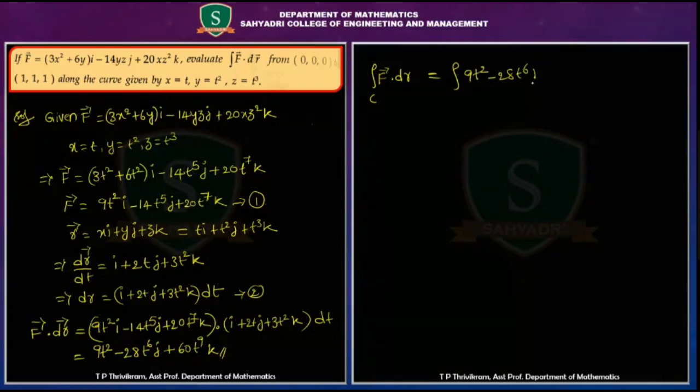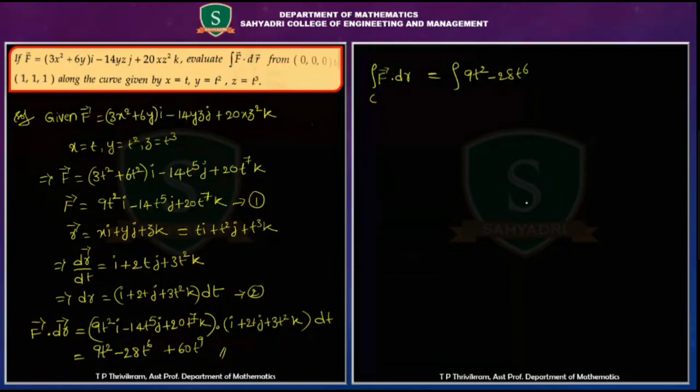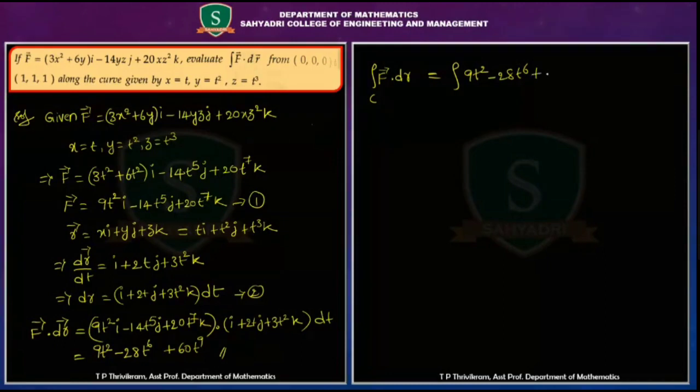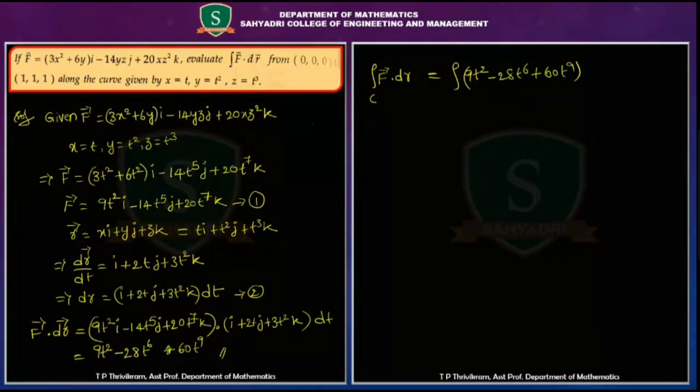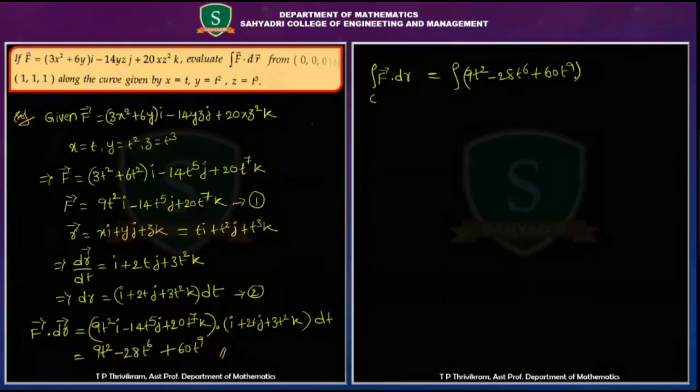Sorry, j won't come here, because we have done the dot product. 28t power 6 plus 60t power 9. After doing the dot product, check whether you have written ijk or not. Ijk should not come in the middle. Okay, so into dt.